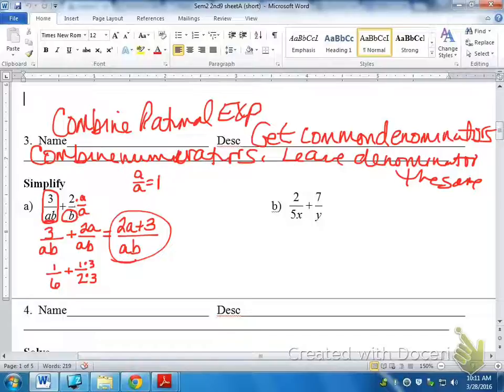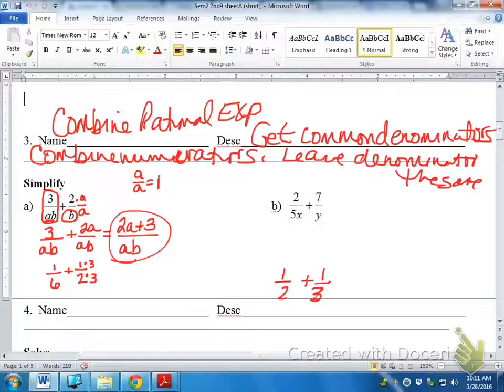So this one over here, though, on B, 2 over 5x plus 7 over y, there's nothing that overlaps, is it? Nothing at all. So that would be like doing a 1/2 plus a 1/3. And what happens when you do something that never overlaps at all?